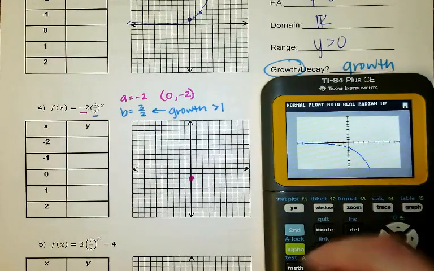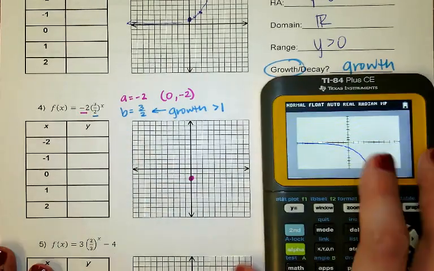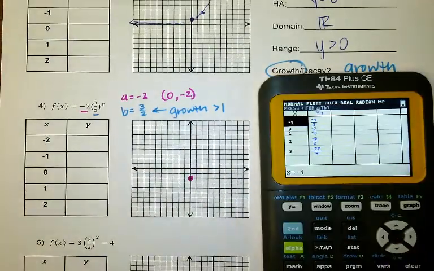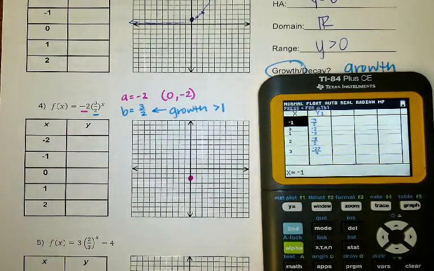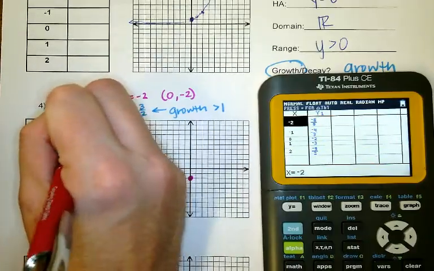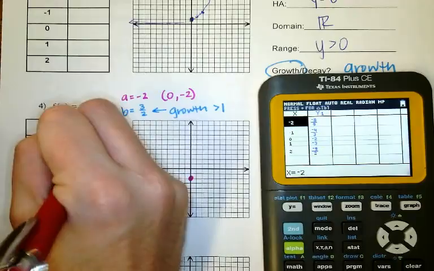Alright? So now let's go to our table. Let's fill in our values here. So mine are filled in as fractions. If you want to do them as decimals, that's A-OK. -8/9, -4/3, -2, -3, -9/2.